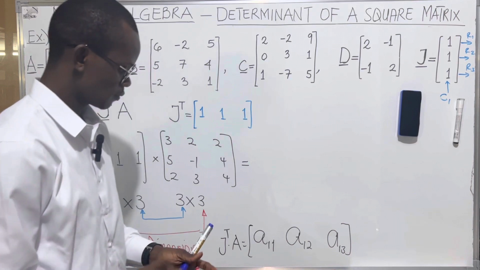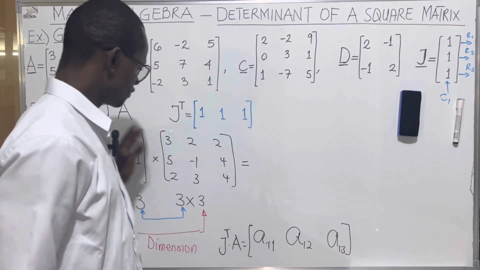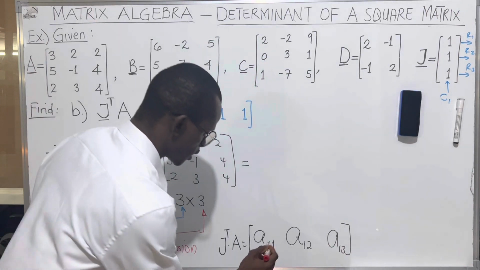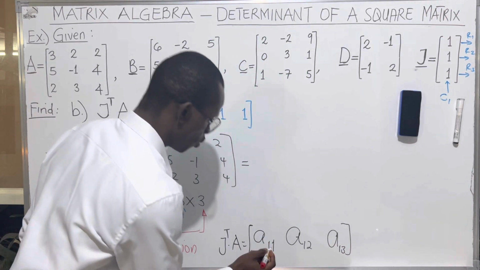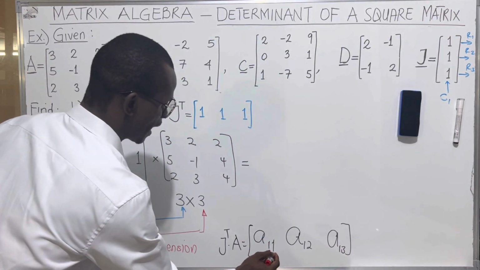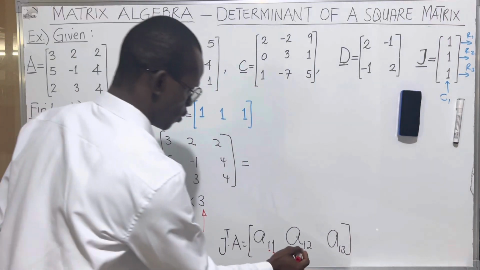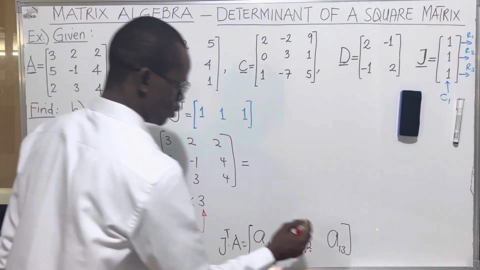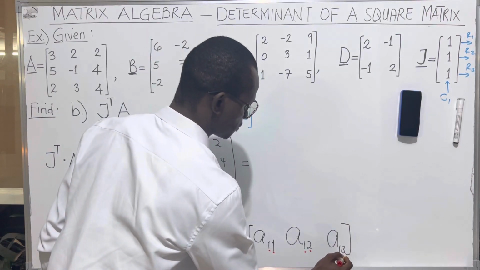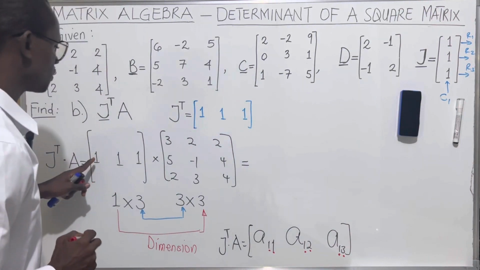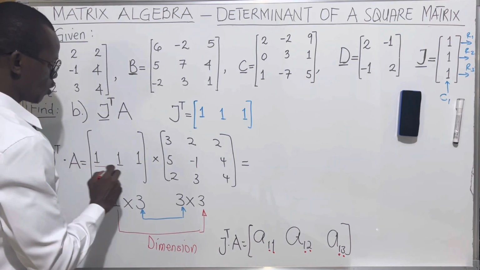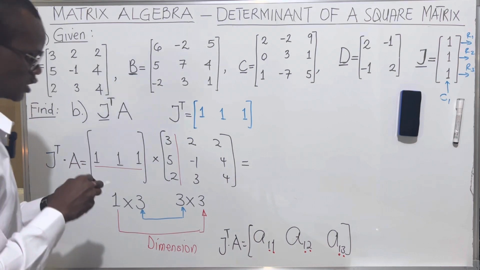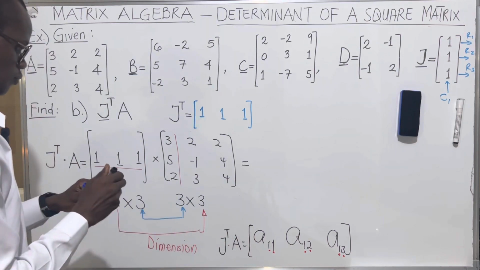This means, in terms of this multiplication, row 1 multiplied by column 1, row 1 multiplied by column 2, row 1 multiplied by column 3. That's exactly what it means. So there's row 1 multiplied by column 1. That's what we're going to do in the first area.